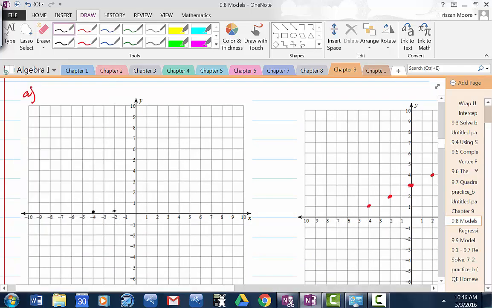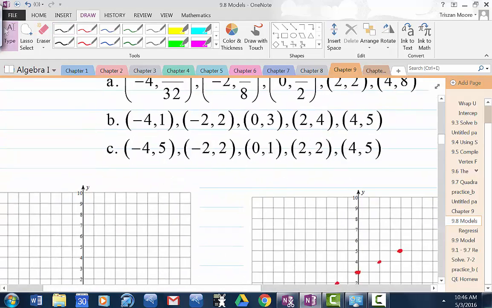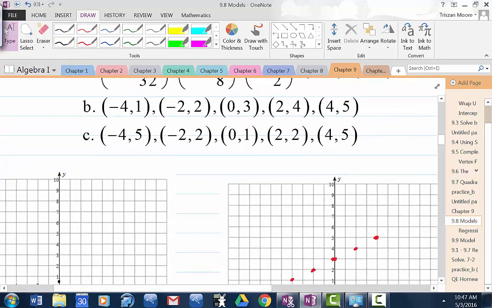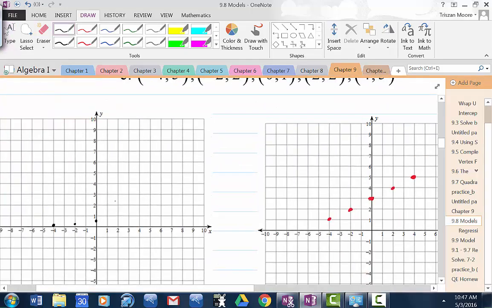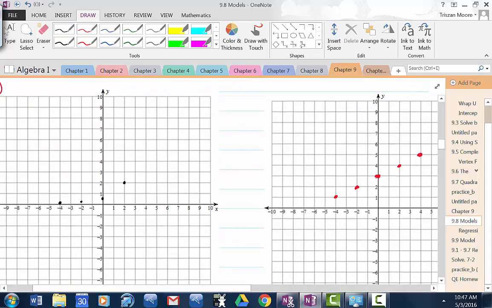Let's just say somewhere down there. 0, 1/2. What else we got? 2, 2. And 4, 8. You have 4, 8 up here.